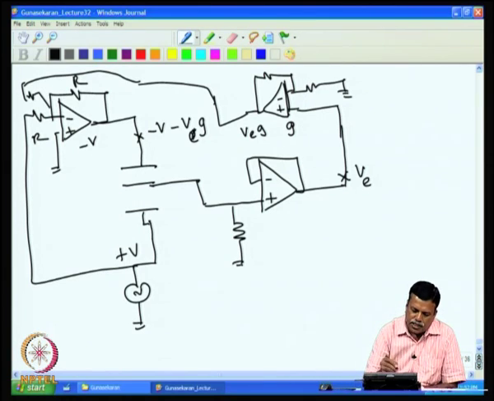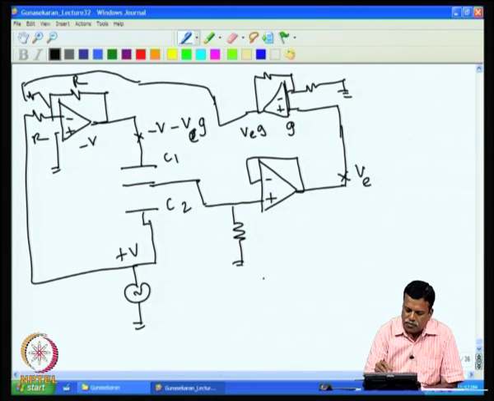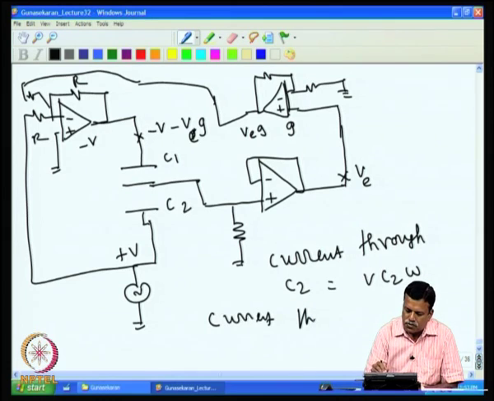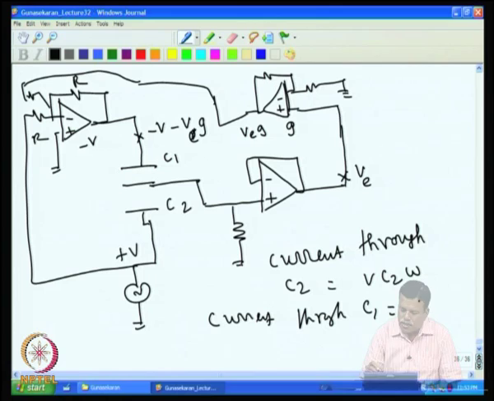Because if you write the equation now for C1 and C2, for example, if this is C2 and this is C1, then the current through C2 is given by V into C2 omega, then the current through C1 is equal to minus of V minus VE into G, which is the voltage coming, and then C1 omega.